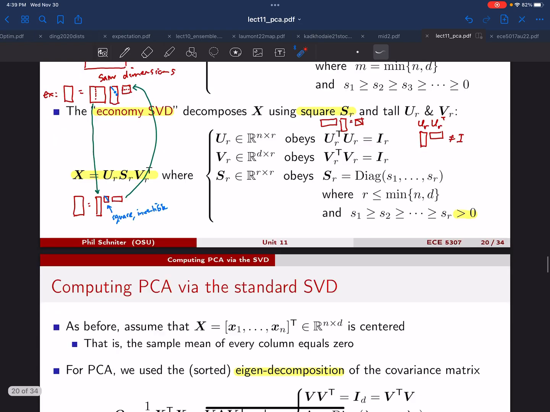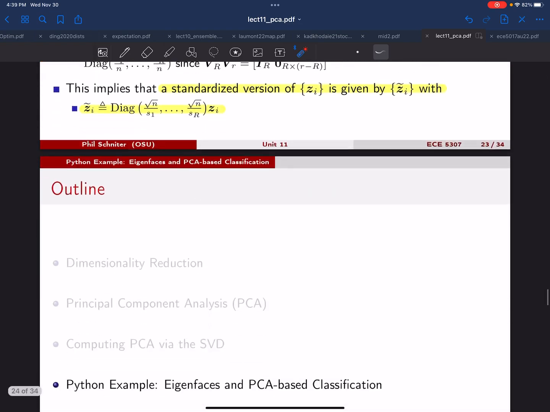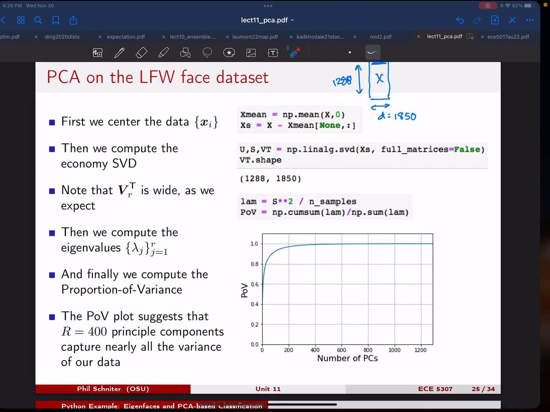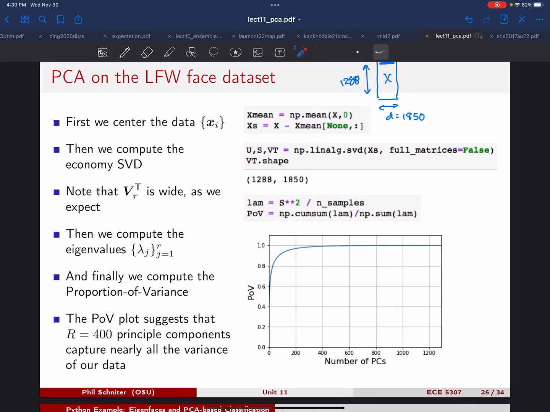So let's look at the code. First we create the lambda vector. Remember, the lambda vector is just the singular value s squared divided by the number of samples. So now this is a vector of lambda coefficients.